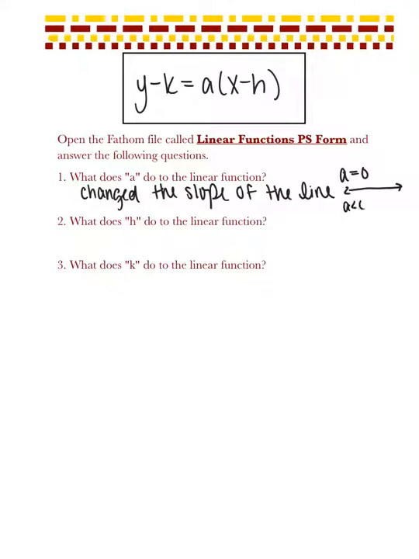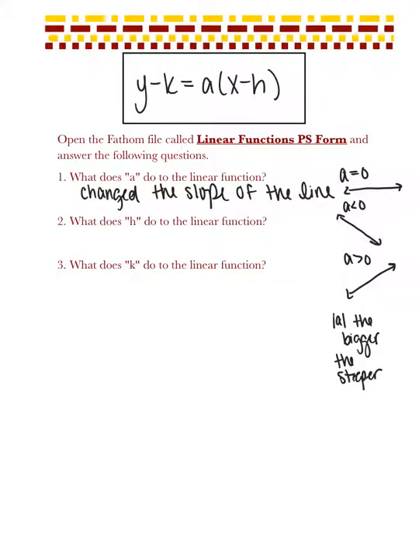When the a was less than 0, you had a negative slope. When the a was greater than 0, you had a positive slope. And if I look at the absolute value of that a value, you notice that the bigger it is, the steeper the line. So that's all you probably noticed with the a value. It changed the slope of that line.